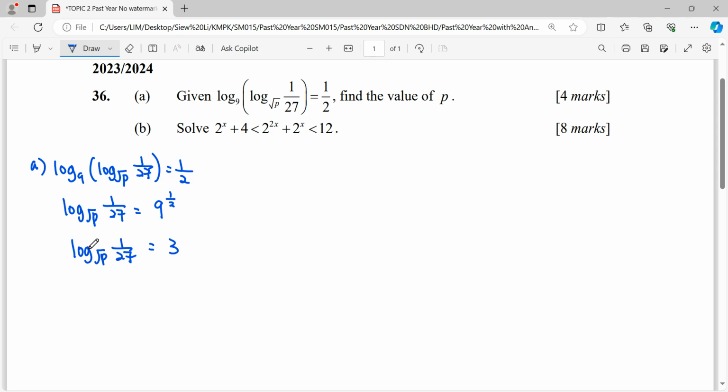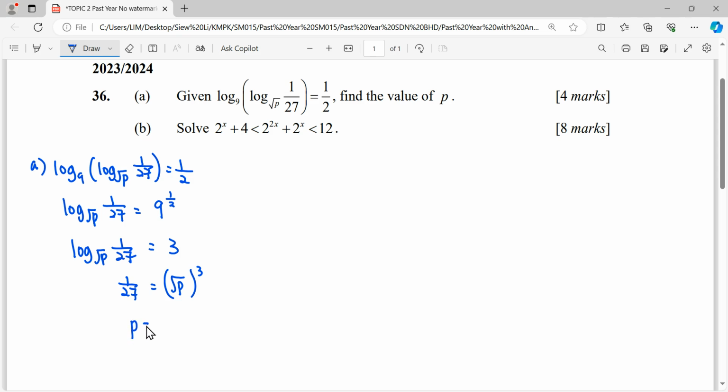Then we unlog again. When we unlog again, the base of the log will move to the opposite, become the base of the indices, and 3 becomes the power. So it will become square root of p to the power of 3. We want to find out what p is.